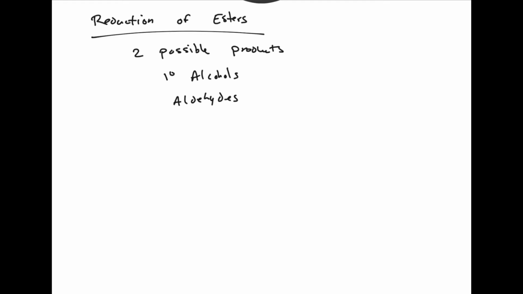So we can get primary alcohols, or we can make aldehydes, are our two options.